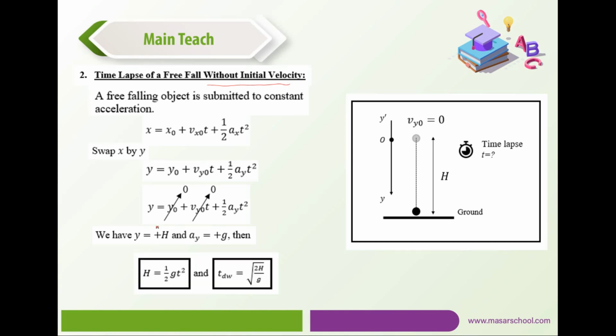In this case, we have that h is half g t squared, or if we isolate t, t squared is 2h divided by g, and t is given by the square root of 2h over g. What does this represent? t represents the time taken for the object to cover a height h under the influence of gravity.